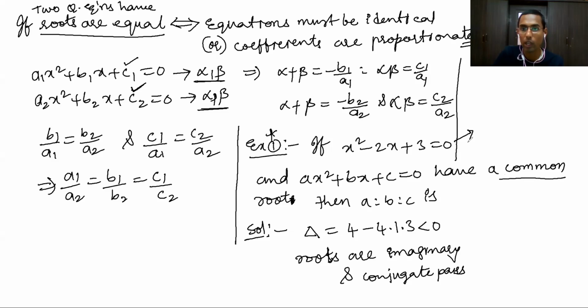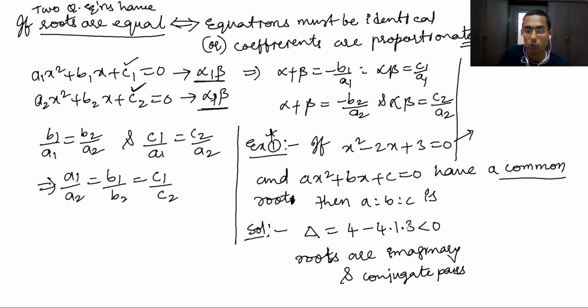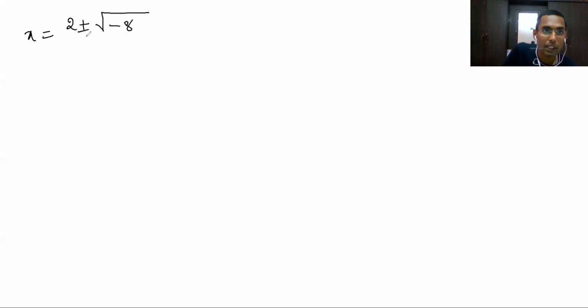Let's find the root and see the example also. x equals minus b plus or minus root of b square minus 4ac, by 2a. Already we saw that b square minus 4ac is 4 minus 12, which is minus 8. And 2 into a is anyway 2.